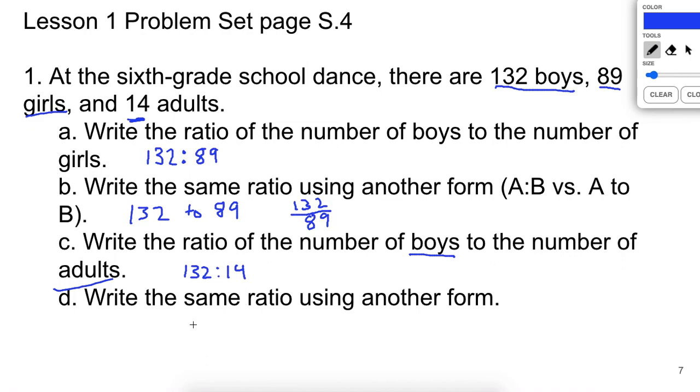So boys to adults. So we can write that 132 over 14 would be another way to write it, or we could write it 132 to 14 would be another way to write it. So that's another way to write this problem. Okay, let's go ahead and look at the next one they have here.